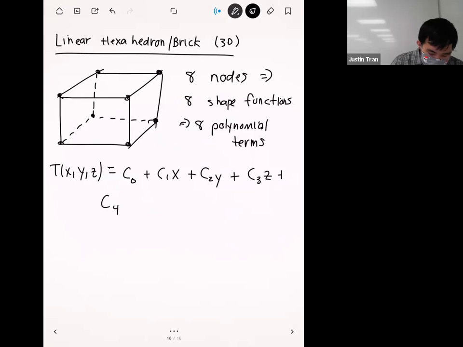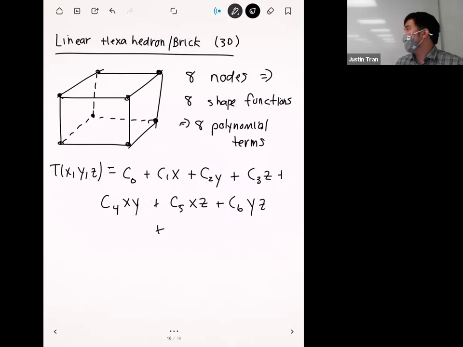So we have c4xy plus c5xz plus c6yz. We actually need one more. Technically, this is stretching a little bit, but we need one more term because we have the 8th node. The 8th term here is actually a cubic term, but it's a pseudo-linear term. So we have c7xyz.